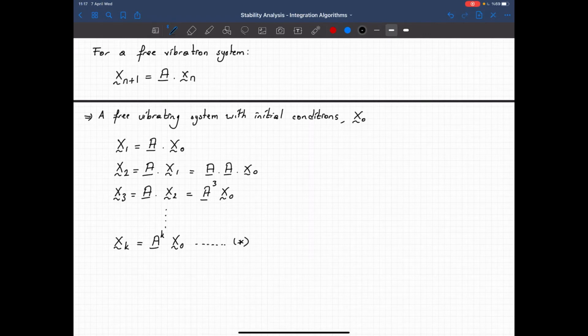And also remember that the response that we expect for a free vibration problem, we already solved it, but let's revise it. It's something like this. No damping, so it should continue to vibrate as follows as t goes to infinity.